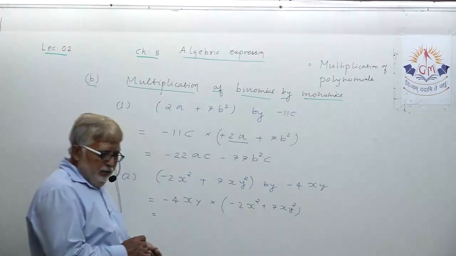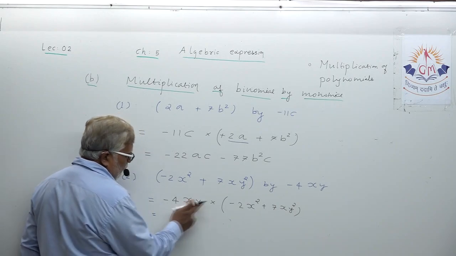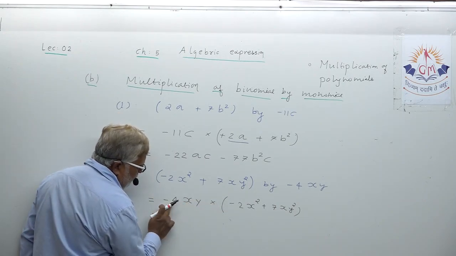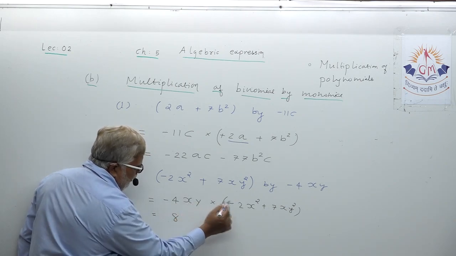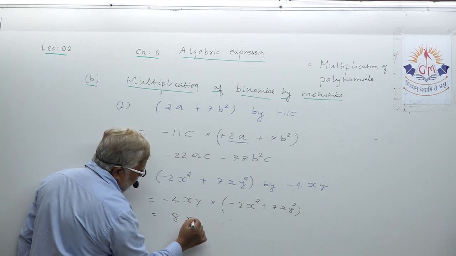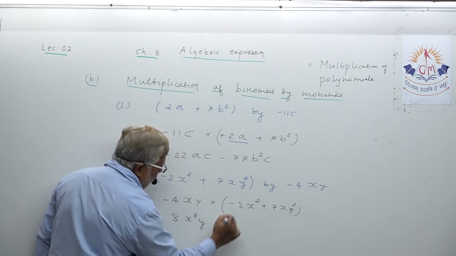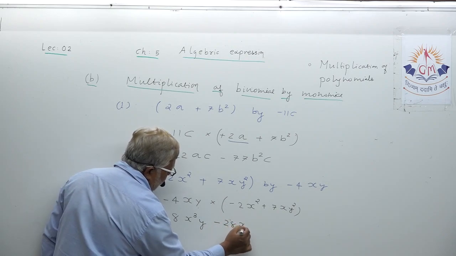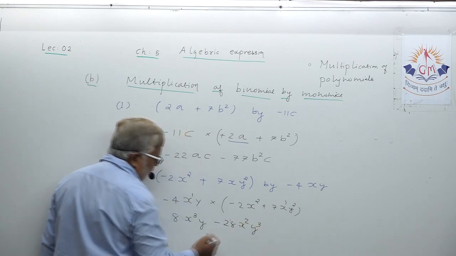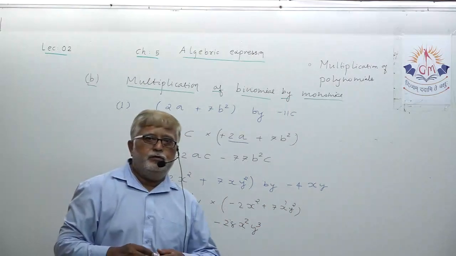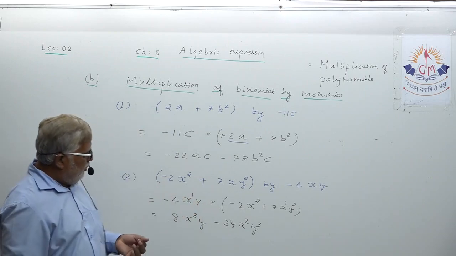First you will multiply this with this. Okay. Numbers, concentrate. Minus 4 into minus 2 is 8. x into x square is x cube. y as it is. Minus times plus is minus 28. x1 1 x square and y cube. Okay. Multiplication is over. This way we will continue this topic tomorrow.